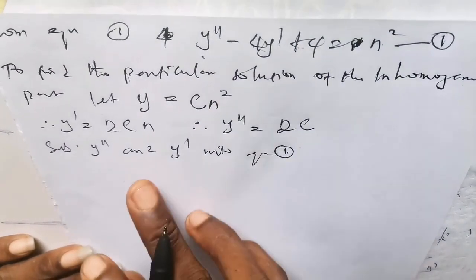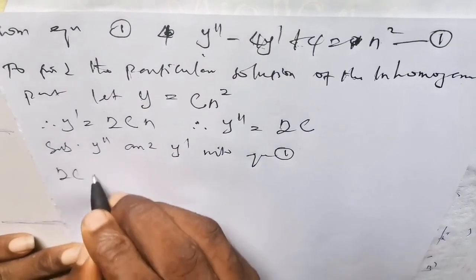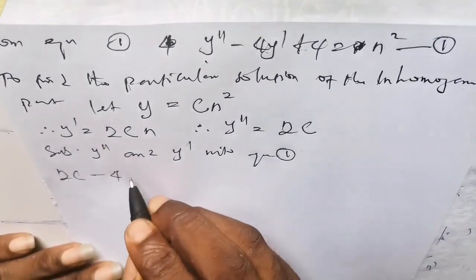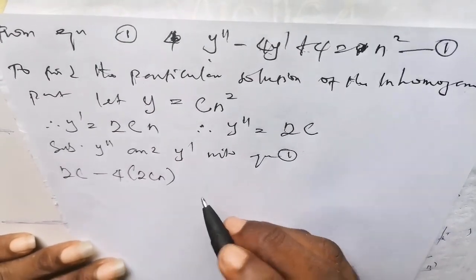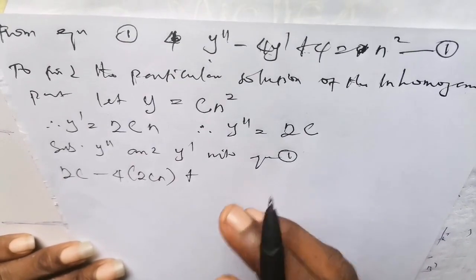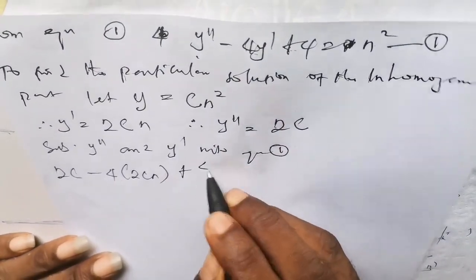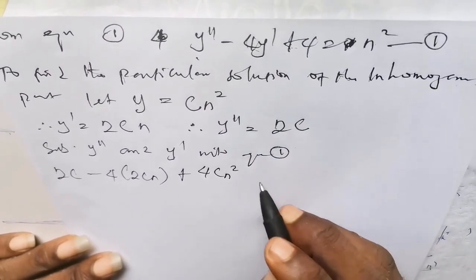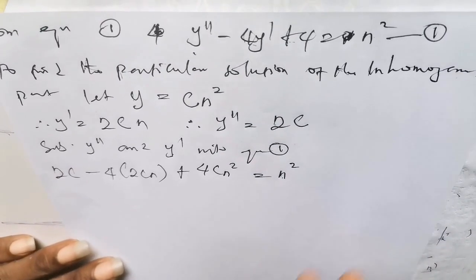So y'' gave us 2c, so you have 2c minus 4y'. y' gave us 2cn, so minus 4 times 2cn, plus 4y, and y we said let y be cn squared, so plus 4cn squared, and the whole of this is equal to n squared. Let's now expand.